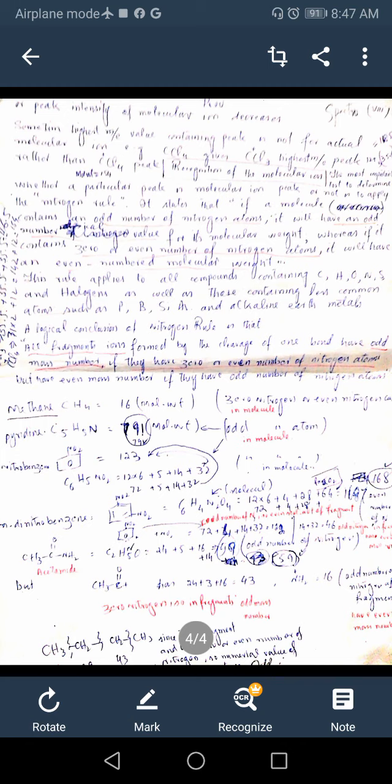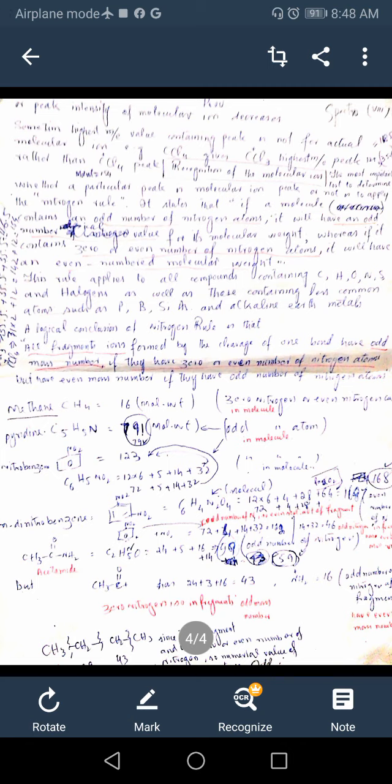According to the nitrogen rule, if the number of nitrogen atoms in a molecule is 0 or an even number, then the molecular weight of the compound will also be even.